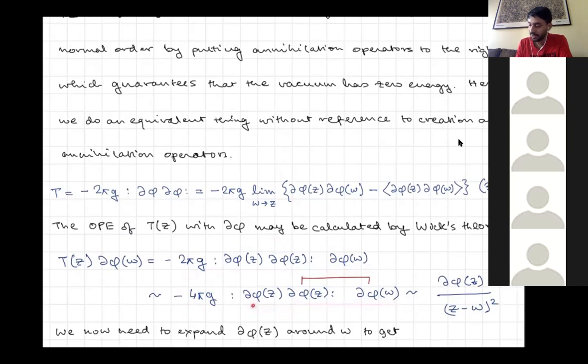As you know, phi of z, del phi of z and del phi of z can go through each other, since these are bosonic fields, so it does not matter where they are placed. What we get at the end of the day is del phi at z, divided by z minus omega whole squared. The point to note is that this is at z. We are trying to find out T of z with del phi of omega.